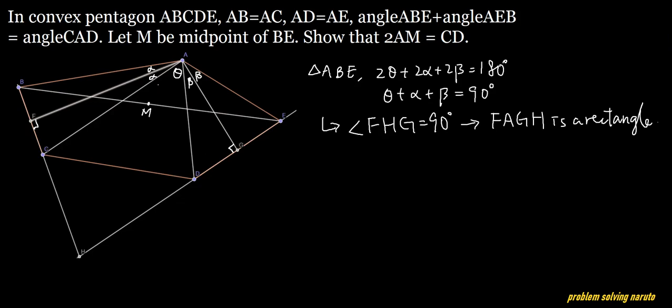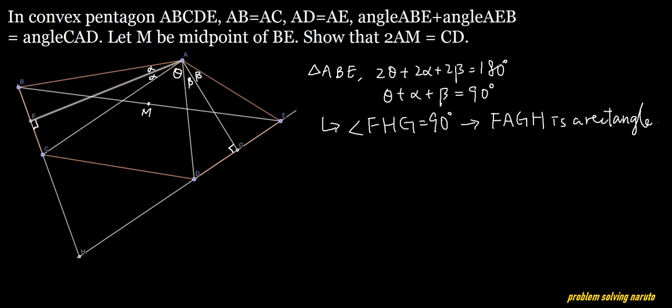AM is the median of triangle ABE, and we want to prove something about the length of the median, so obviously the median formula comes to mind.